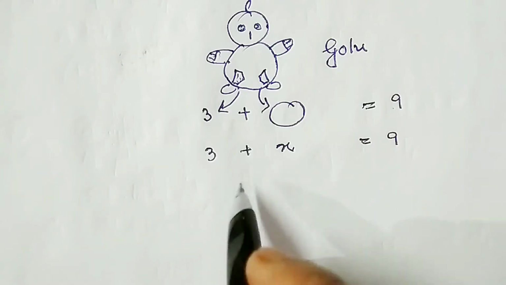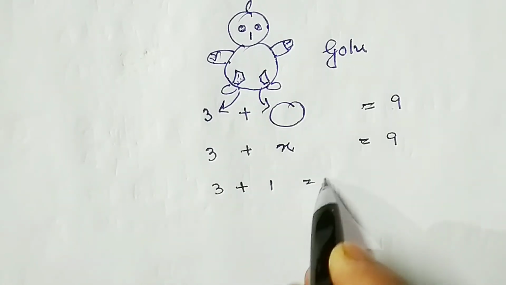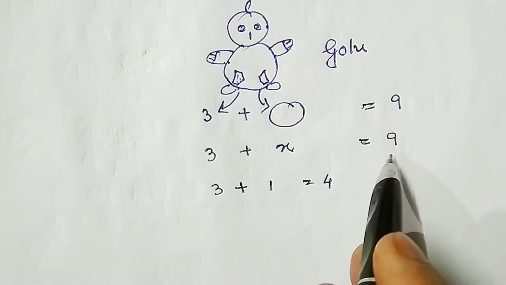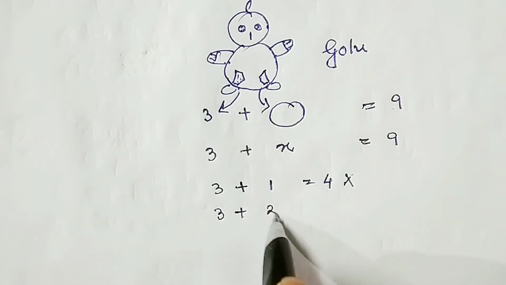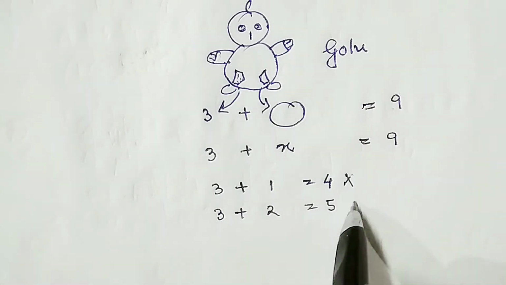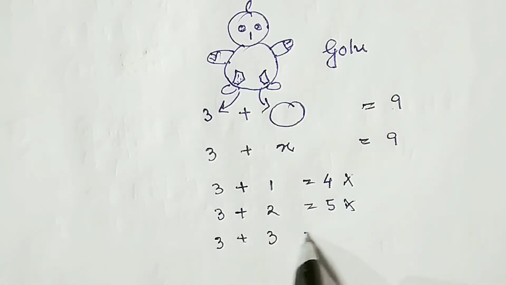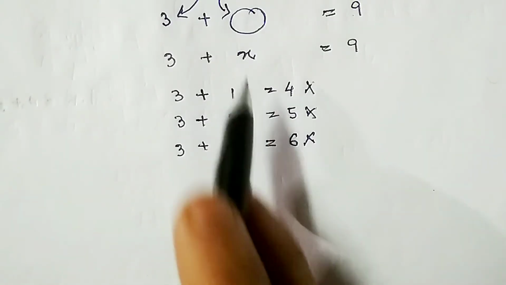If I consider x equal to 1, 3 plus 1, how much are we getting? 4. But I know in his pockets altogether there are 9 marbles, so it cannot be 1. If I take 2, 3 plus 2 will be 5. It is also not possible. If I take the next number, suppose 3, then 3 plus 3 will be 6. So this is also not possible. Now suppose in this pocket there are 4 marbles.